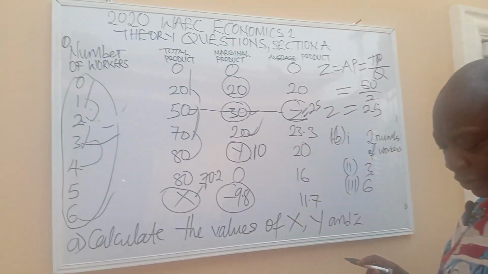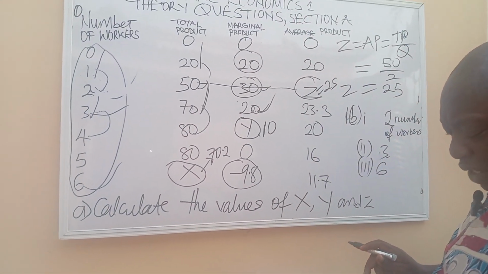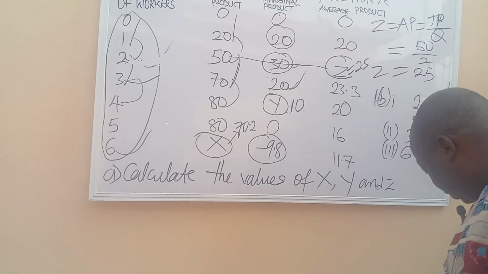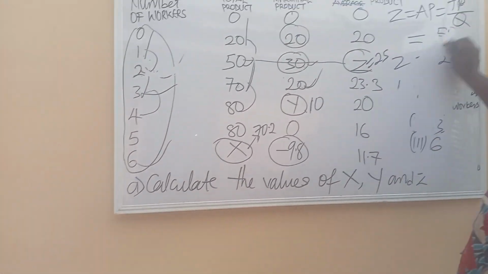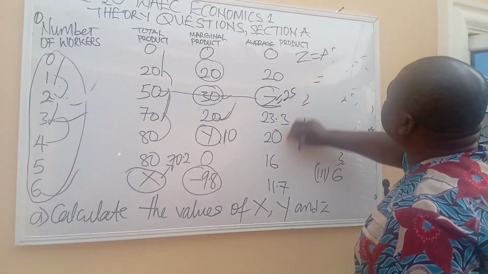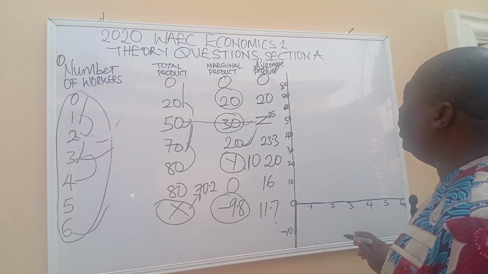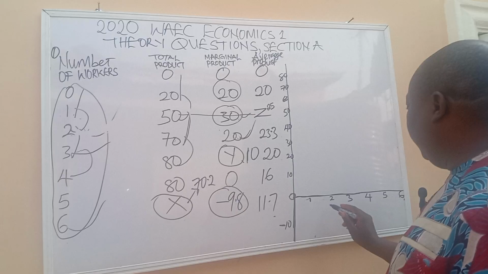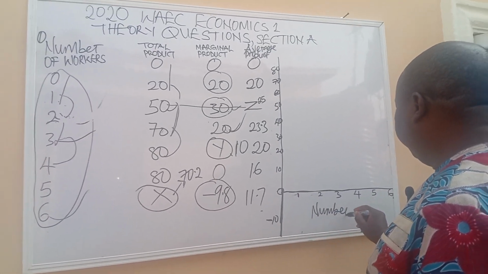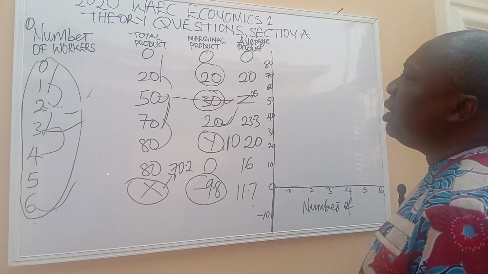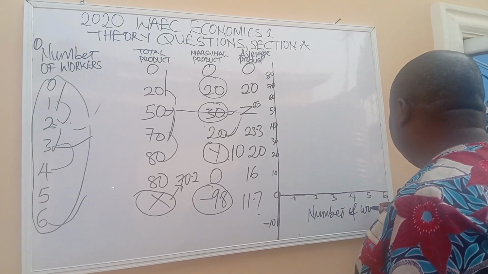D Roman figure 1. On the graph sheet, draw the total product and marginal products. So we are going to draw now. This is the x-axis. Here we have number of workers.